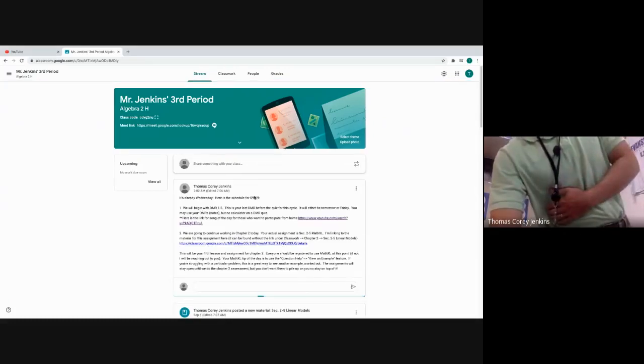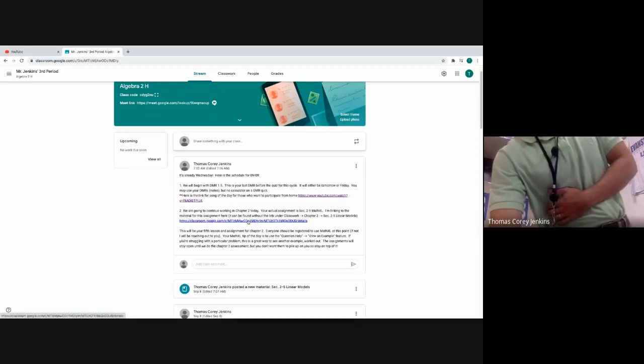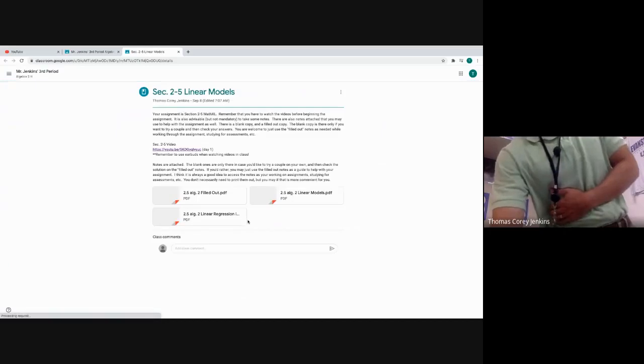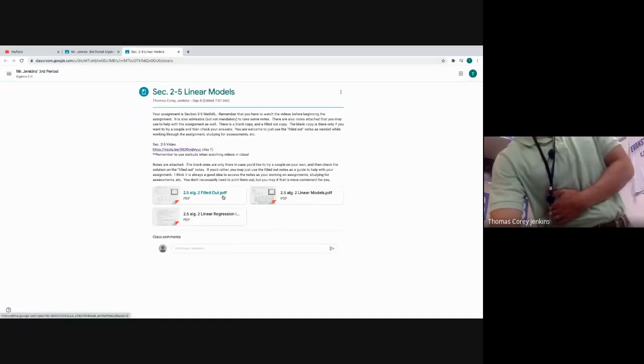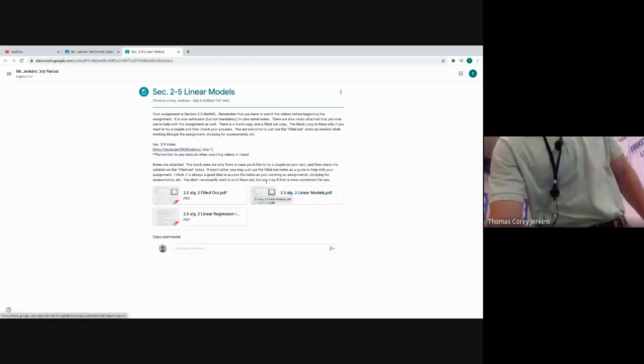Just right at the beginning, for those of you who don't have a graphing calculator, you're going to want to go to the material for 2.5. Follow the link. Normally we have two attachments, the blank notes and the filled out notes, but today we have a third.